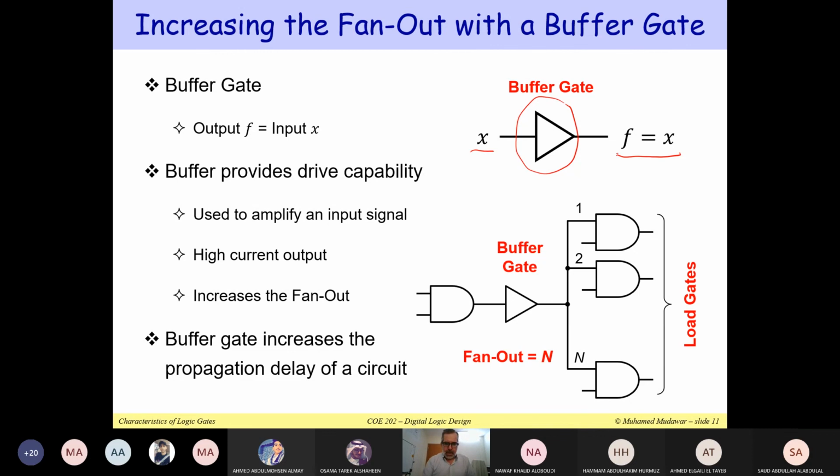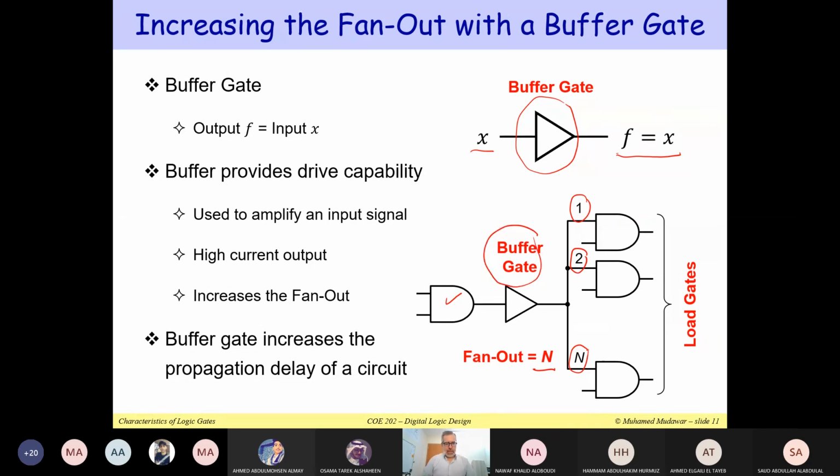For example, if I have this AND gate here, and it has a large fan out equal to N, you would like to connect the output of this AND gate to the N inputs of N gates. So all of them are loads. If you would like to increase this fan out to N, you can use a buffer gate.